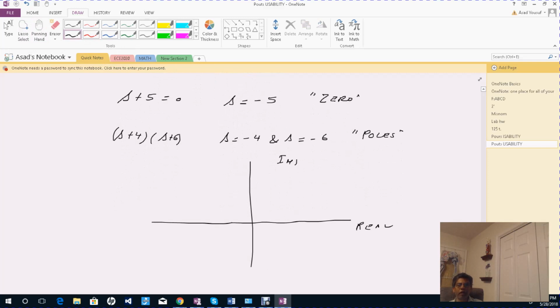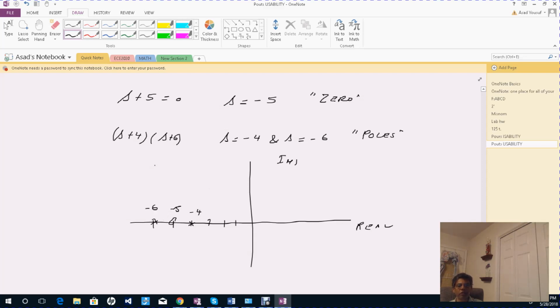You have a pole at -4, 1, 2, 3, and -4, right here. Also you have a zero, so we put a circle there at -5, and then you have a pole at -6.